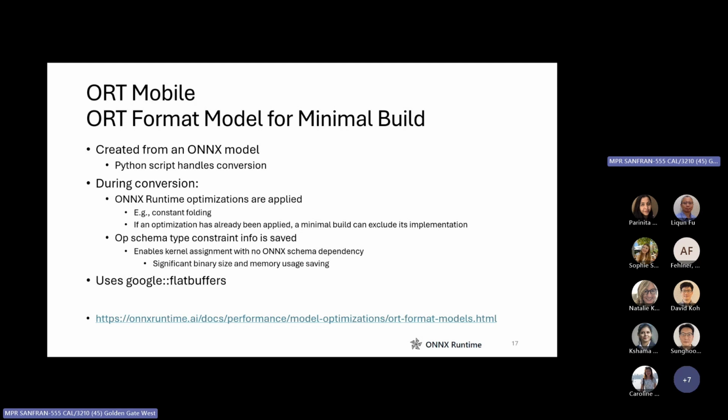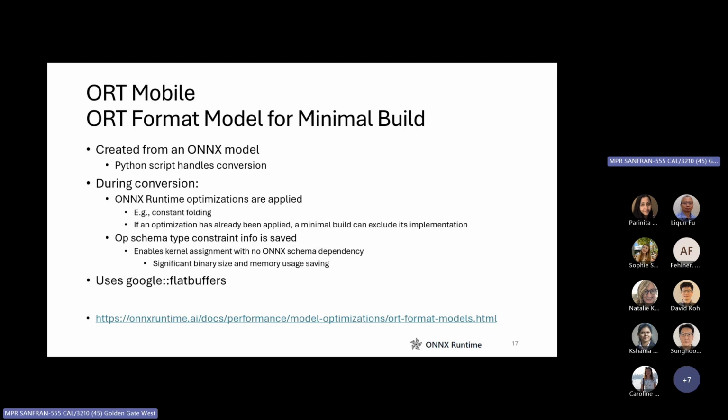Notably, we apply some ONNX Runtime optimizations to the graph, like constant folding and other basic level optimizations, which don't change the semantics of the ONNX ops. And if such an optimization has already been applied and its effects are saved in the ORT format model, then in a minimal build, we can exclude the implementation of the optimizer, which can save a significant binary size.